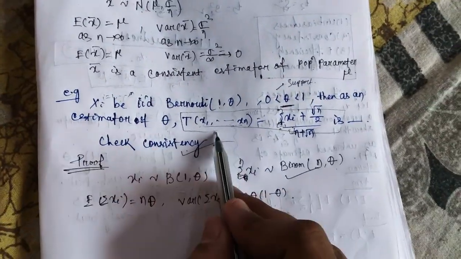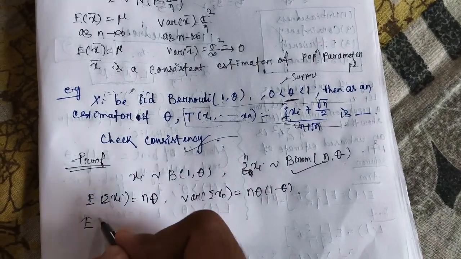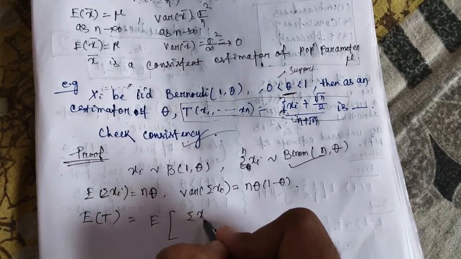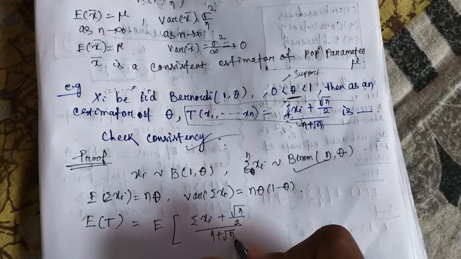Now we have to check this consistency. Expected value of T equals expected value of (summation xi plus root n divided by 2) divided by (n plus root n).